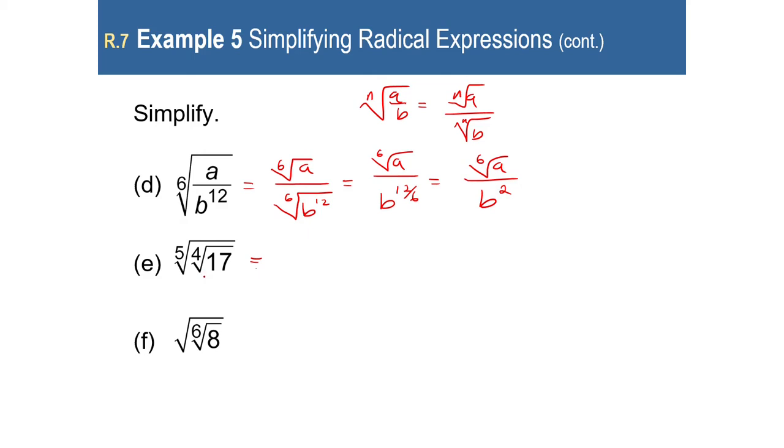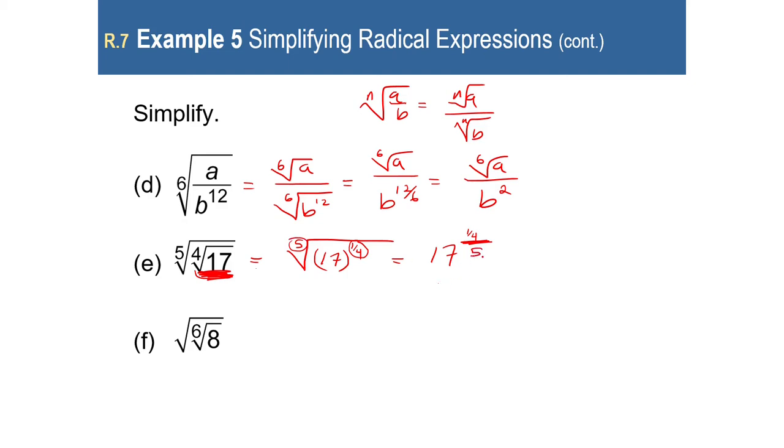For part E, let's work our way from the inside out. I can rewrite the fourth root of 17 as 17 raised to the 1/4 power. Now this is equivalent to 17 raised to this exponent of 1/4, and we're going to divide that by this exponent of 5.